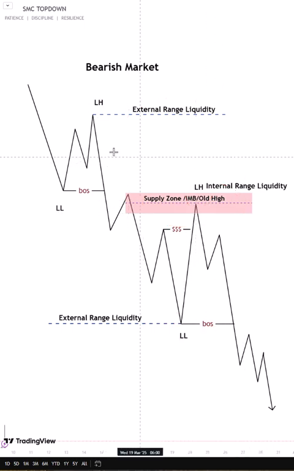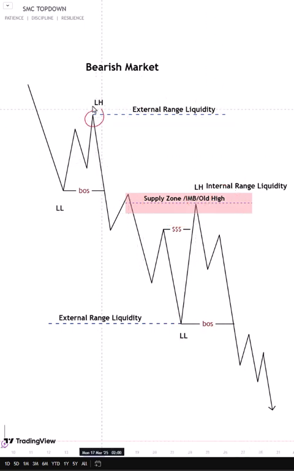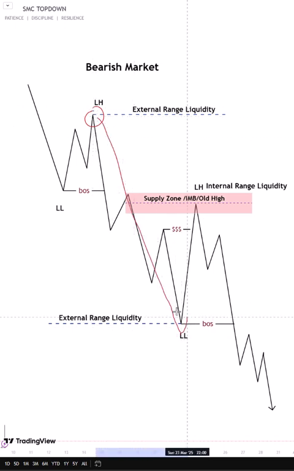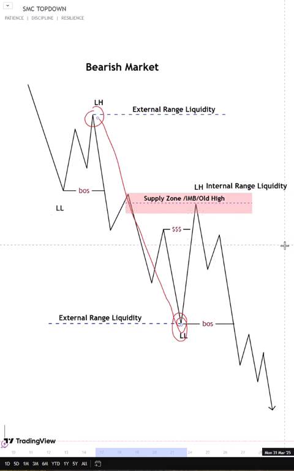Here on this diagram, we have this range from this high to this low, and price retraces back into the internal range, finding support at this supply zone, and it could be an imbalance or old high. So let's get to the chart and look at a few examples in the bearish market.